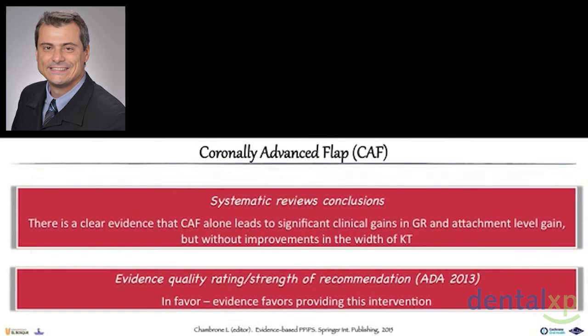For this approach, there is clear evidence that coronally advanced flap alone leads to significant clinical gains in gingival recession and attachment level as well. However, such procedure does not promote improvements in the width of keratinized tissue, and the evidence quality is in favor. That is, evidence favors providing this intervention.